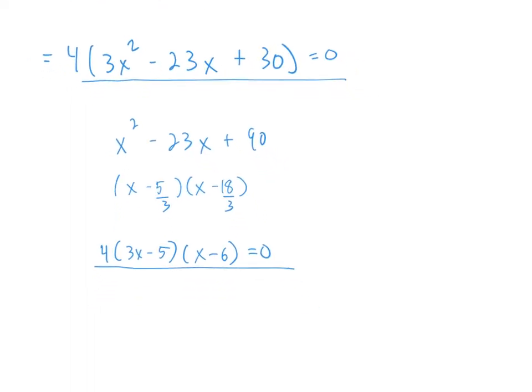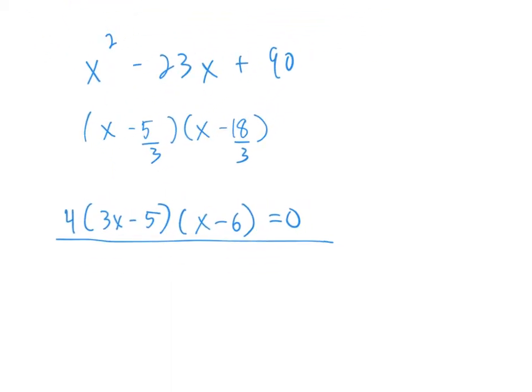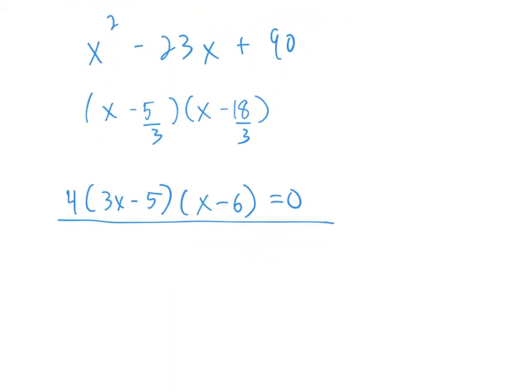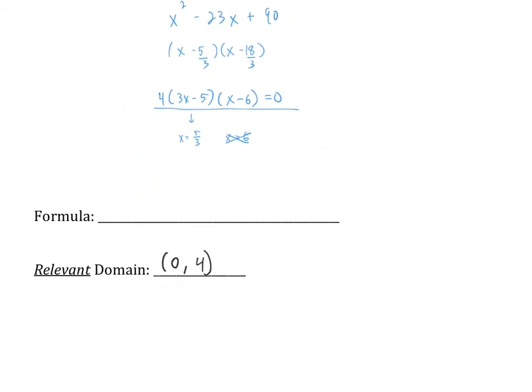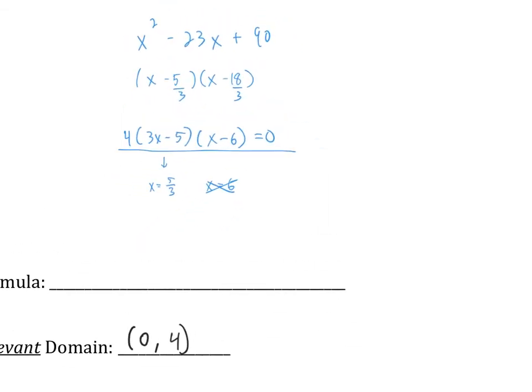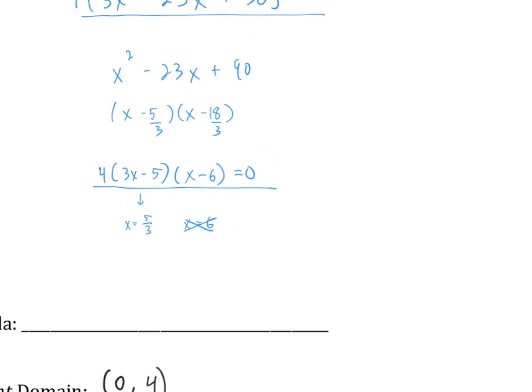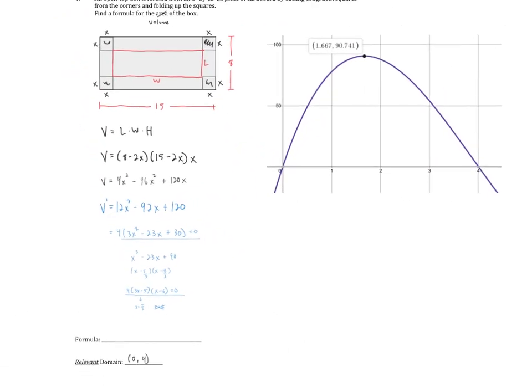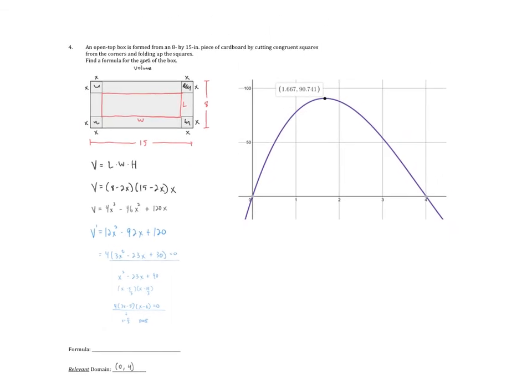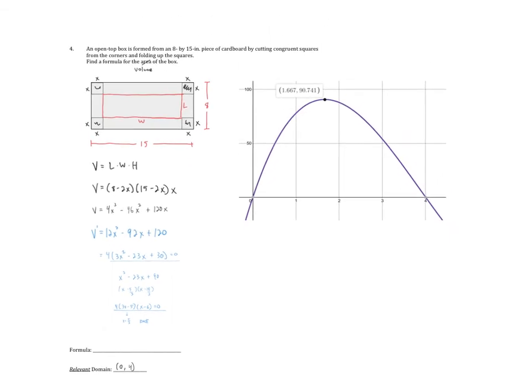Okay, and then if we set each one equal to 0, we get x equals 5/3, and we get x equals 6. x equals 6 we can ignore because the relevant domain only goes to 4. And then 5/3 is 1 2/3, which is 1.6 repeating, and we can see that's the x-coordinate of that absolute max on that interval.